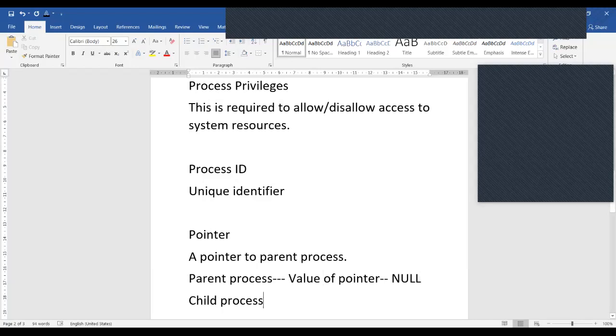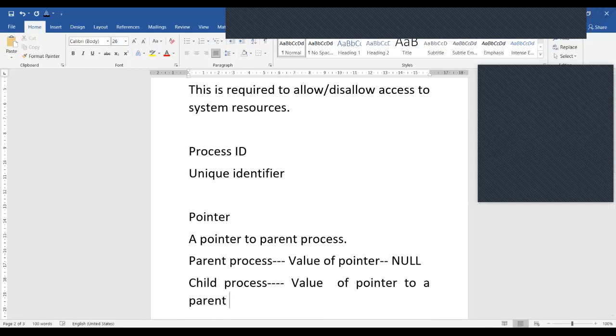But in case of the child process, the value of pointer is a pointer to a parent process.